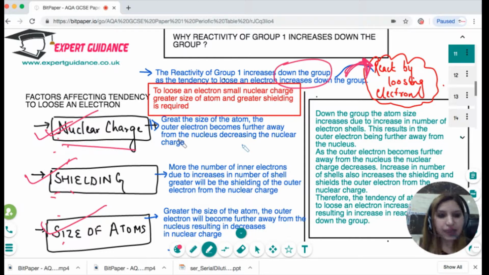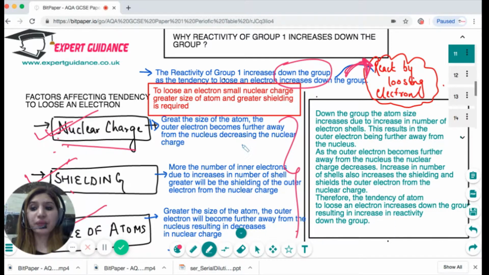The inner electrons are shielding the outer electron from whatever nuclear charge that is present, and the bigger size of the atom is also decreasing the nuclear charge. So due to all these factors, down the group, the tendency to lose an electron increases, and alkali metals react by losing an electron. Therefore, the reactivity of group 1 increases down the group.